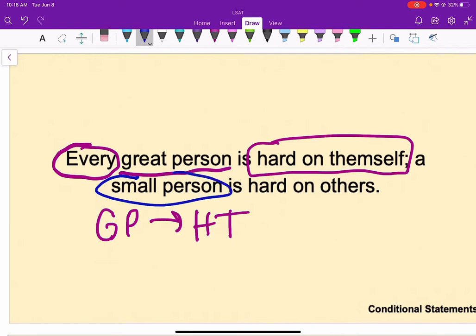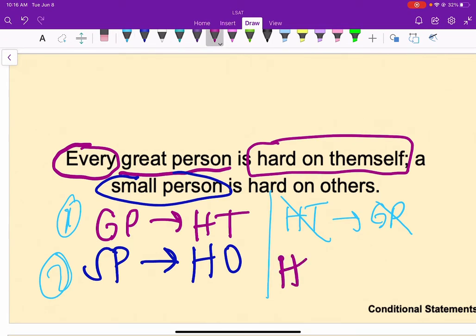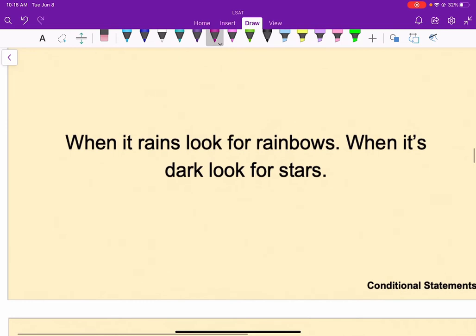So if you are a small person, then you are hard on others. And so what would be our contrapositive of these? This first one would be if you are not hard on yourselves, then you are not a great person. And then on the bottom one, it would say, if I am not hard on others, then you are not a small person. Fabulous. All right, go ahead and try this one.